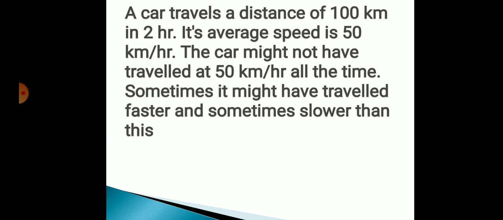Sometimes it might have traveled faster and sometimes slower than this, and because of this we need to calculate the average speed of the car, as the motion of the car is non-uniform.